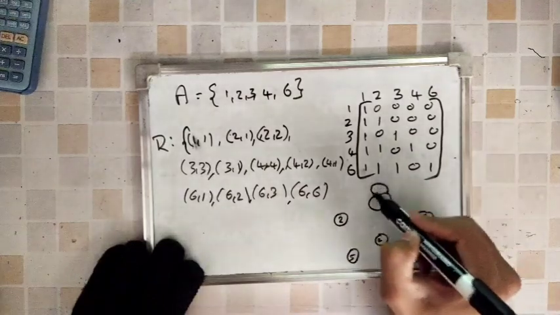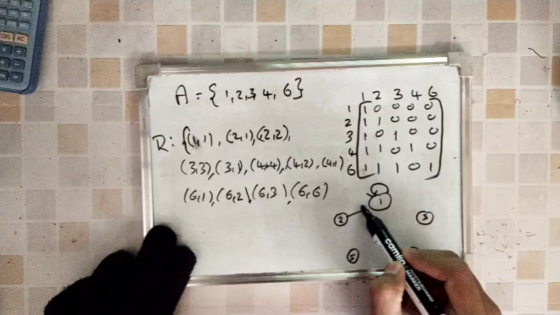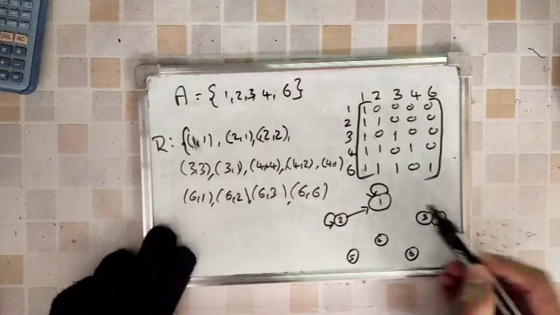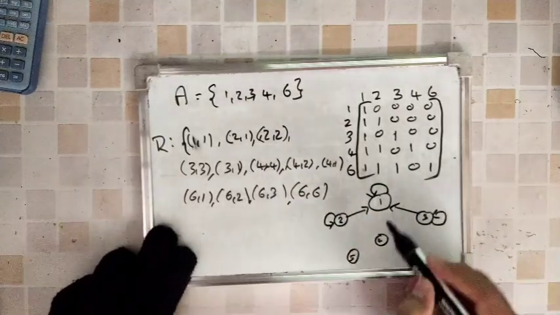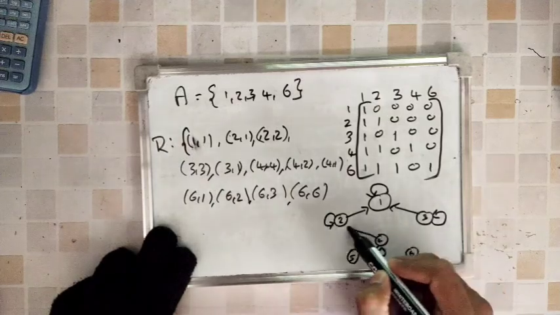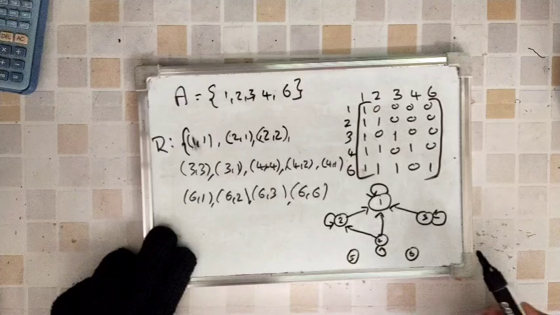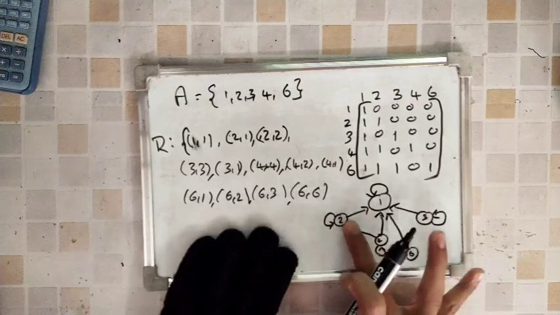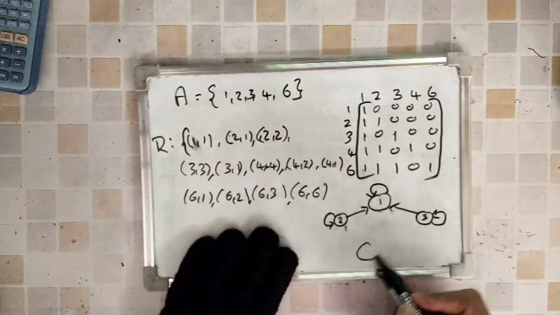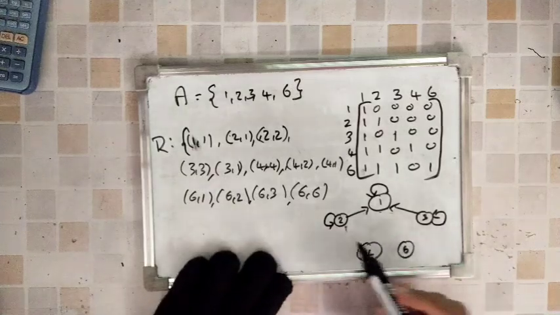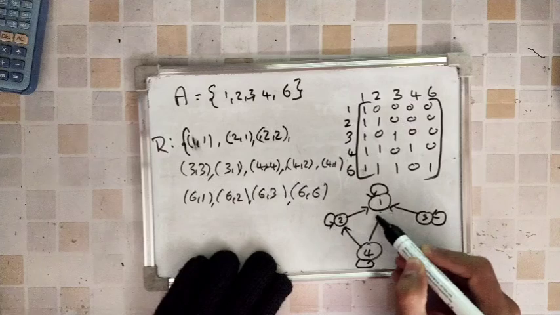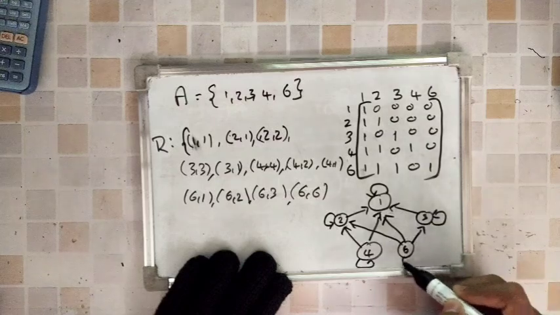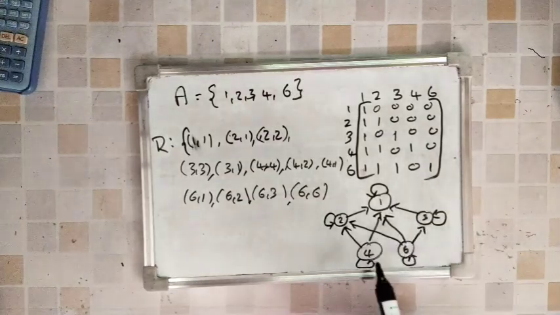So 1 has a self loop, then 2 to 1, then 2 to 2 itself, so 1 self loop, then 3 to 3, then 3 to 1, then 4 to 4, 4 to 2, 4 to 1, then 6 to 1, 6 to 2, 6 to 3, 6 to 6 itself. Okay, did I do everything? Yeah, that's it.